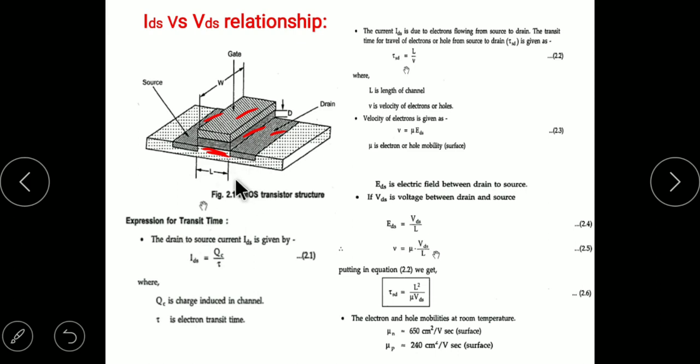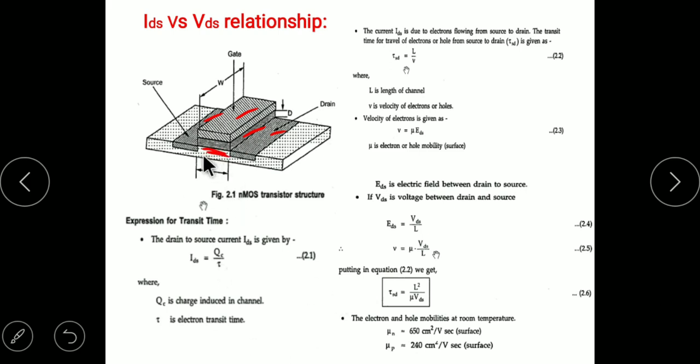Now we are going to derive IDS. The drain to source current IDS is given by QC by tau. What is QC? QC is the charge induced in the channel due to movement of electrons, and tau is the transit time.